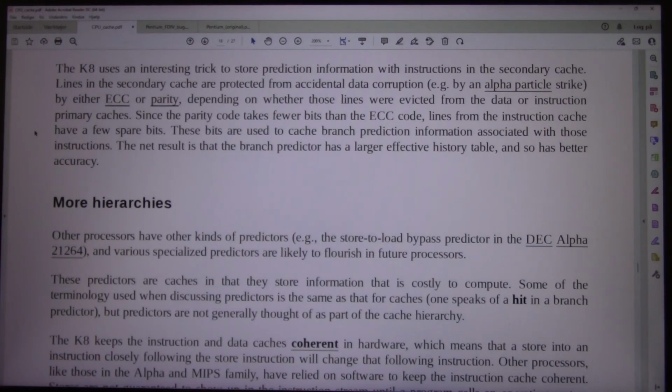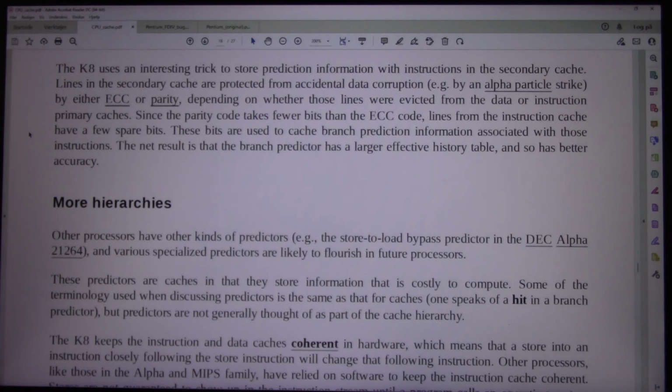Since the parity code takes fewer bits than the ECC code, lines from the instruction cache have a few spare bits. These bits are used to cache branch prediction information associated with those instructions. The net result is that the branch predictor has a larger effective history table, and so has better accuracy.